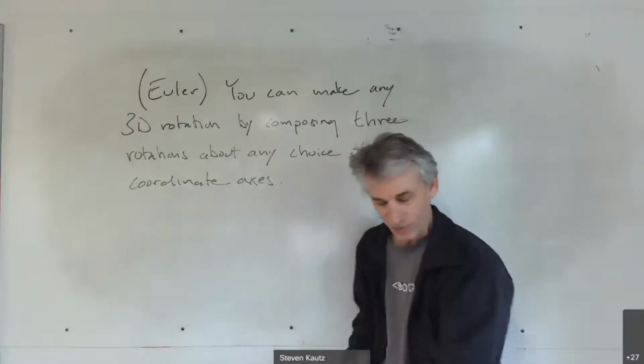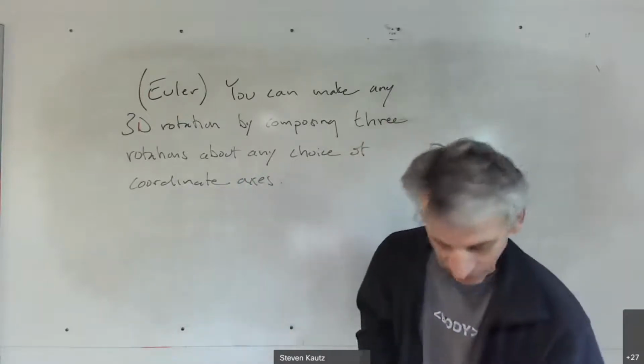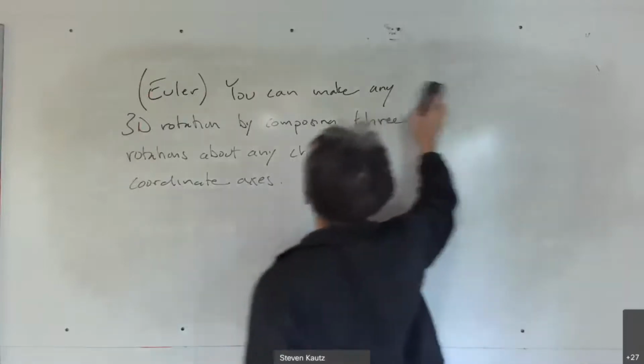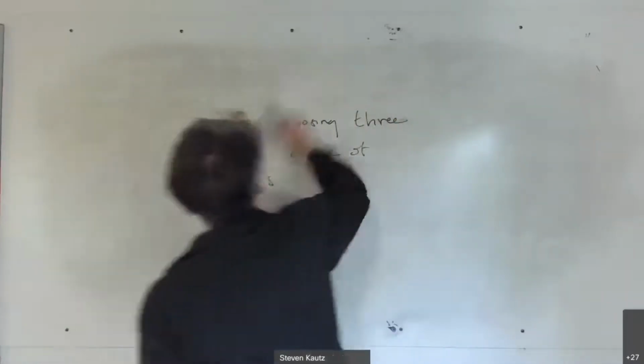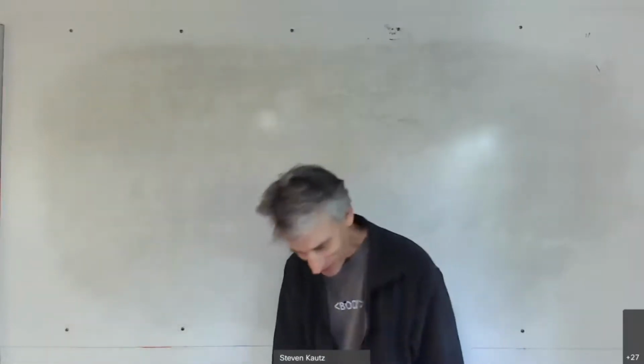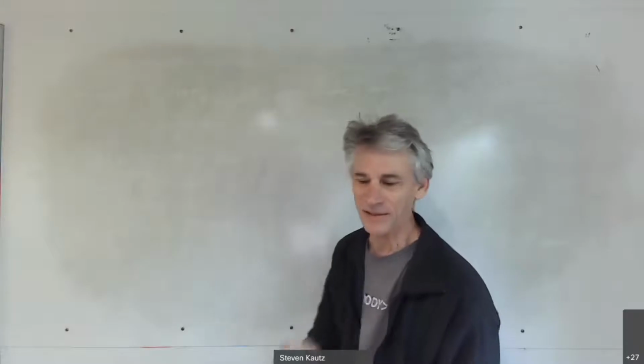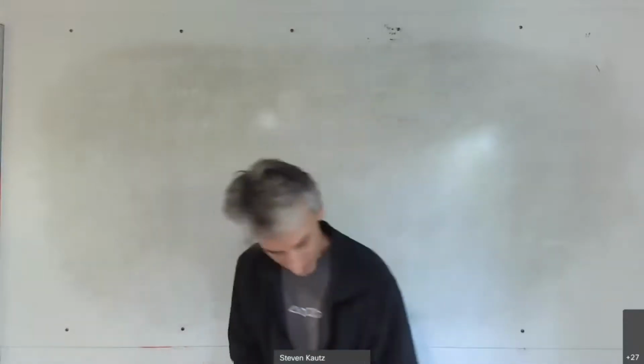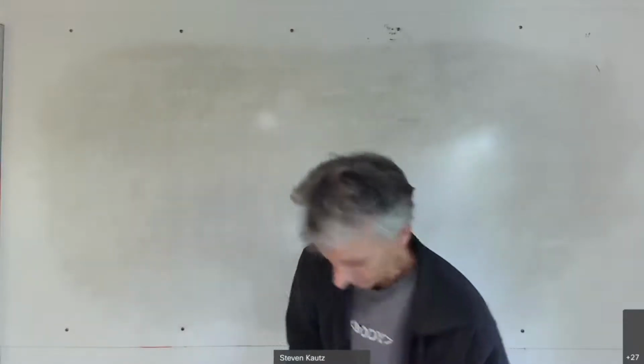And in fact, we will make it even better. I'm going to say you can do it with 2 rotations, and I can even say you can do it with 2 rotations that are positive 90 degrees.